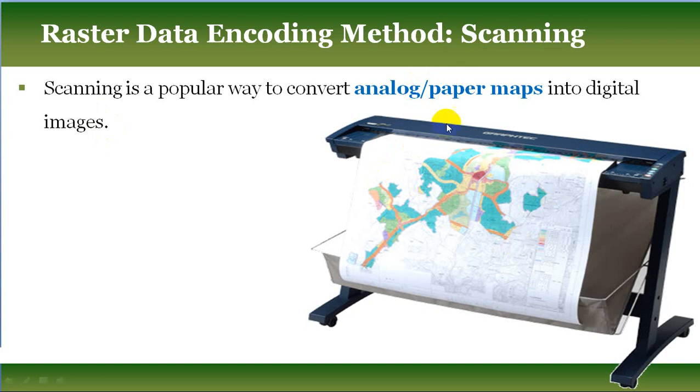By doing this we can enter raster data into the computer, because as you know you can never enter this paper map into the computer. This is not possible. This is analog data. So you have to convert this analog data into digital raster data. Then using a pen drive or any other way you can enter this data into your hard disk store. You can easily store it.